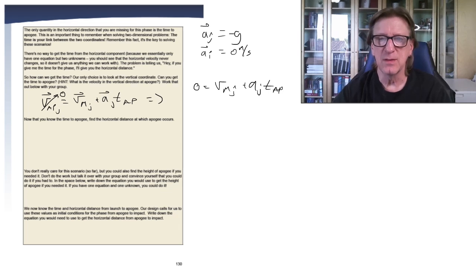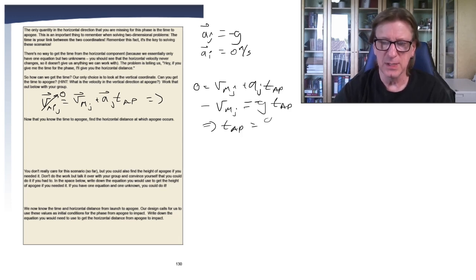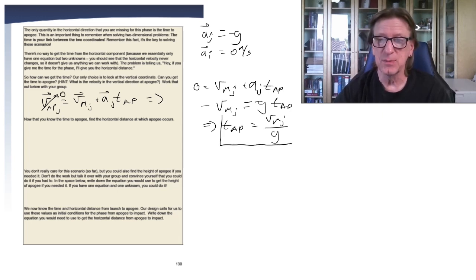So that gives me minus v_0 j is equal to minus g, because that's a_j, t_app. And so this implies that t_app is equal to v_0 j, positive, over g, because you see my minus signs cancel. So v_0 j over g. And that's good because my time had better be a scalar. So there better not be a sign there. So that's going to be my time.